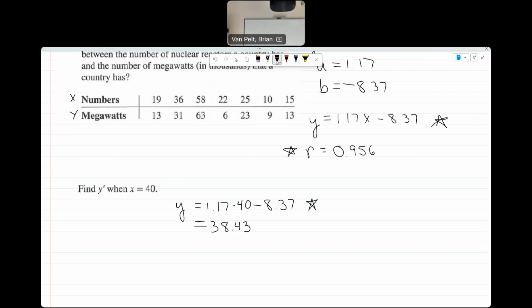And then the rest of the test is all hypothesis tests. You have 5. They're worth 15 points apiece.